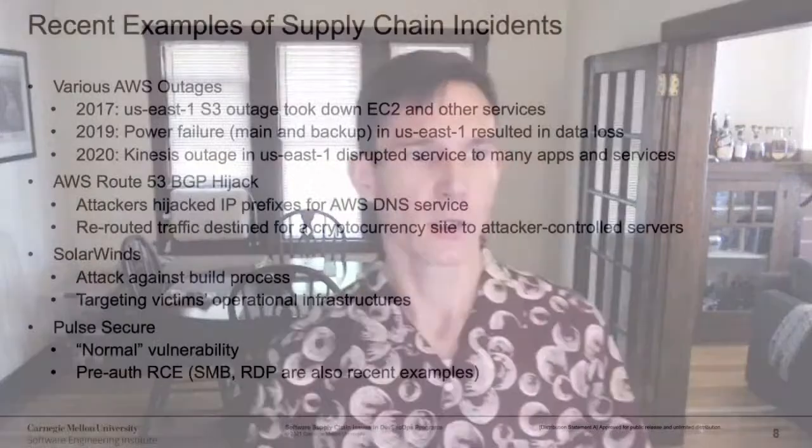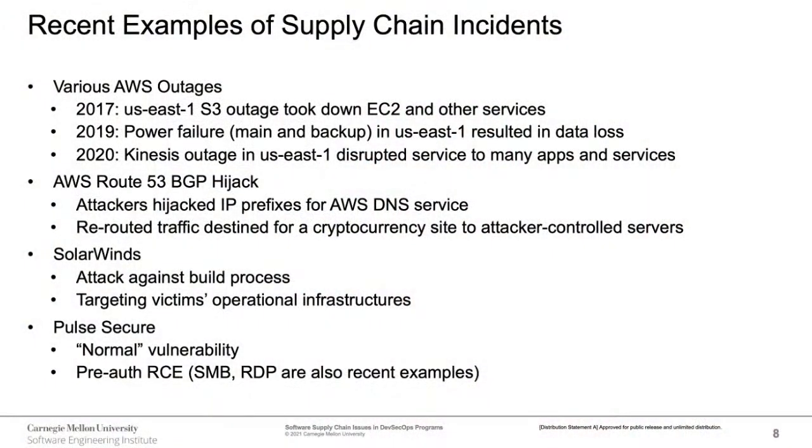Third incident here is SolarWinds. I'd be remiss not to raise SolarWinds. Two things really happened here. One, the attack was against SolarWinds' build process. The build process was attacked before code signing, going back to what I was talking about earlier: the malicious code was injected at compile time.